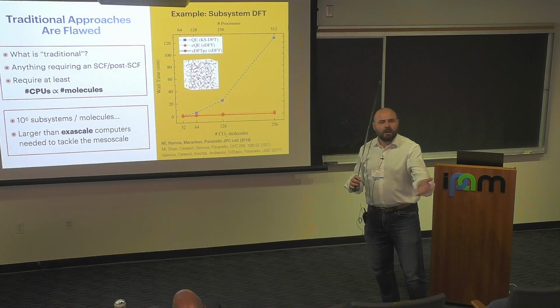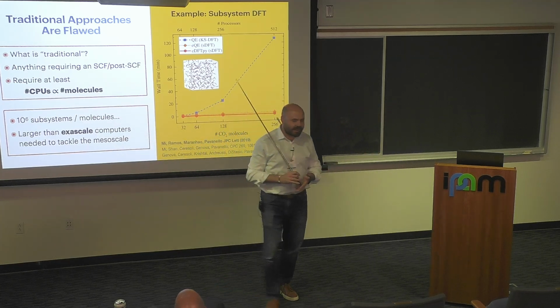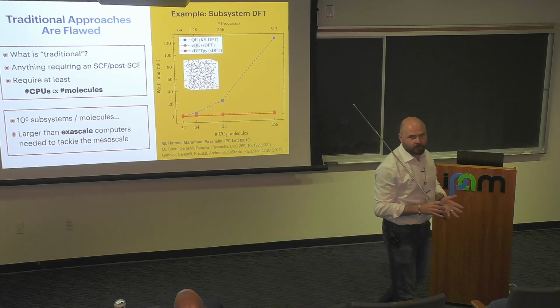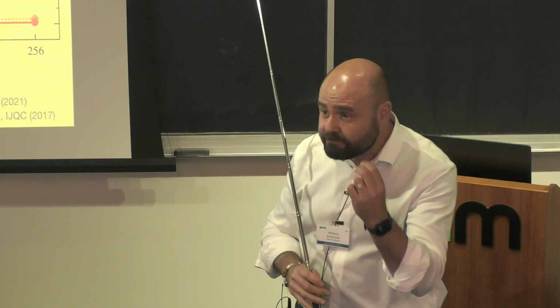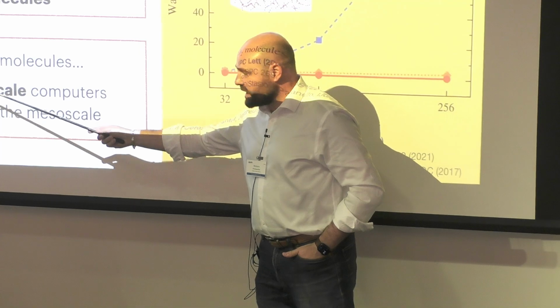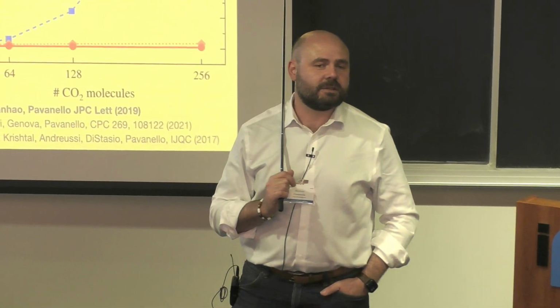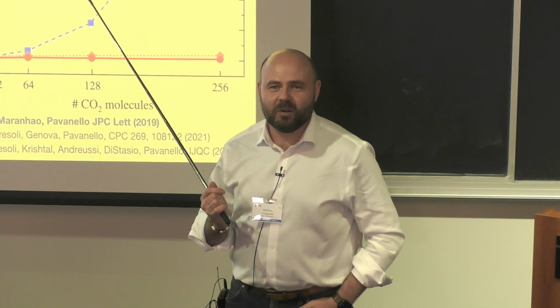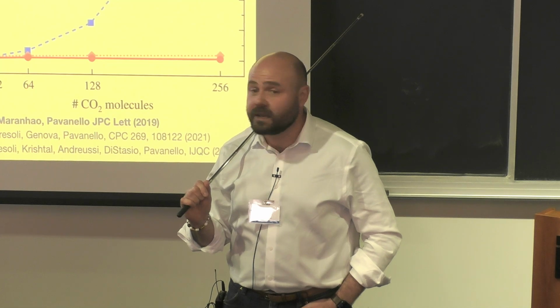Needing to solve an iterative algorithm means you need to assign considerable computational resources. In the simplest of cases, one CPU to each subsystem. But with 10^6 subsystems, 10^6 CPUs, you're looking at mega supercomputers. So even in the best case scenario, we really need mega supercomputers to solve systems that have a resemblance to reality.